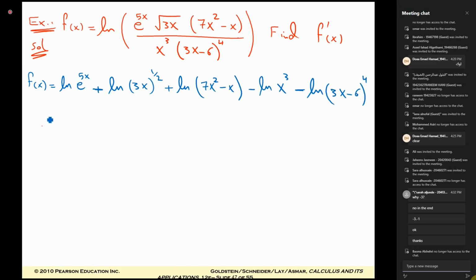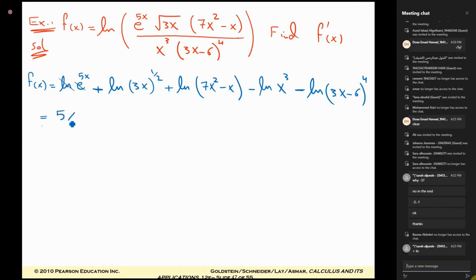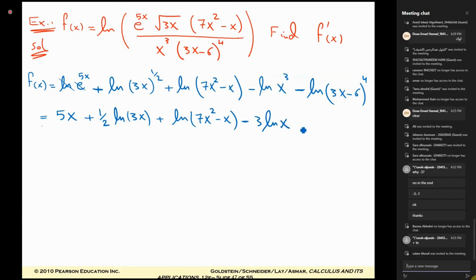Now we put the power outside the ln, so we can remove e with the ln, so we have 5x here plus 1 over 2 ln 3x plus ln of 7x square minus x, we don't have a power, still 1. Here we have 3, put it outside the ln. We have 4, put it outside the ln, 3x minus 6, like this.